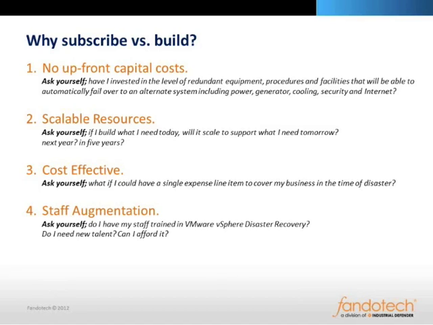A huge item is staff augmentation. You're not dealing with the fact that your IT staff have to be virtualization experts on disaster recovery. You're using our staff. The DR plan, the business continuance, setting that stuff up, is all done up front during the initial project of onboarding the customer.